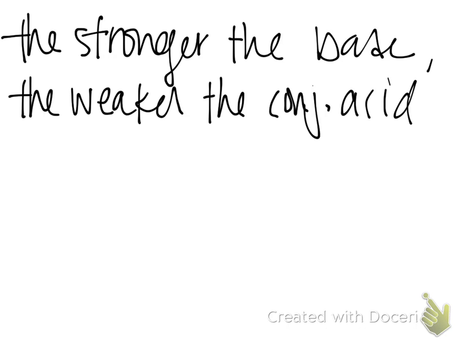I want you to turn to your book. Go ahead and get out your textbook and turn to page 484. This is going to explain the strength of conjugate acid-base pairs probably more articulately than I can.